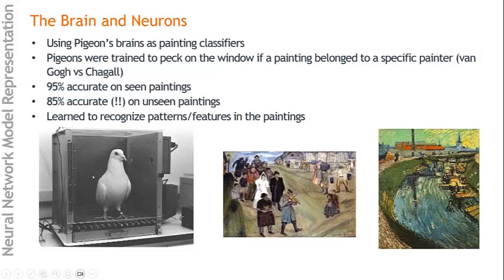Now, the pigeon is not using rules and making decisions. The pigeon is simply looking at the painting and deciding. If you ask the pigeon how it knew it was a Chagall or a Van Gogh painting, the pigeon wouldn't be able to tell you. This is one of the areas of research in neural networks.